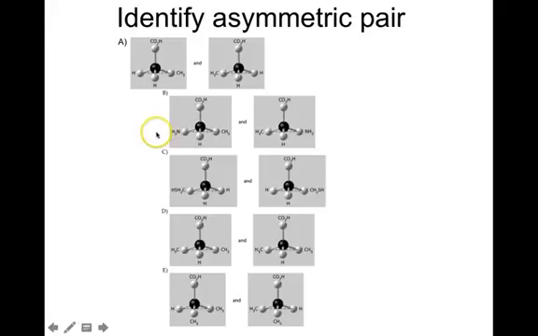So coming to the test question, look at this, guys. These are different pairs of molecules given on the screen. They're asking you to identify which pair is an enantiomer. For that you have to recollect the different properties of enantiomers.